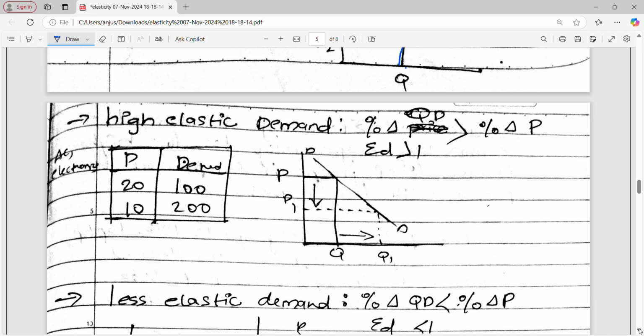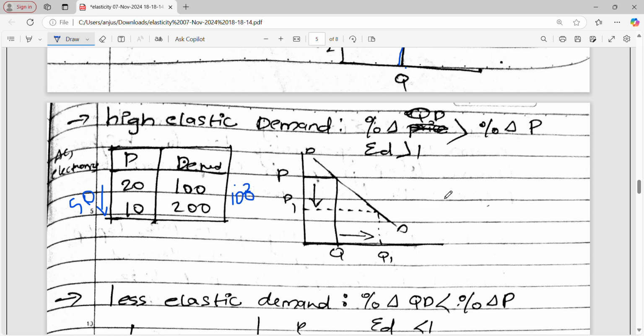Next is highly elastic demand, for electronics or bags or pens, like that. With a slight change in the price, here 50% of the price is decreased, but here 100% is increased in the demand.